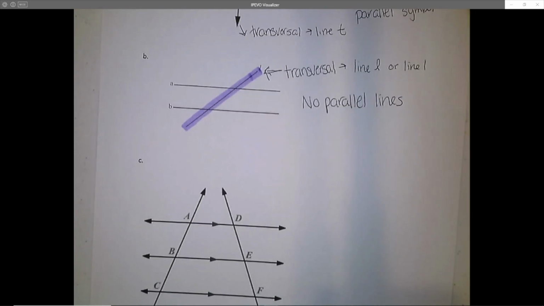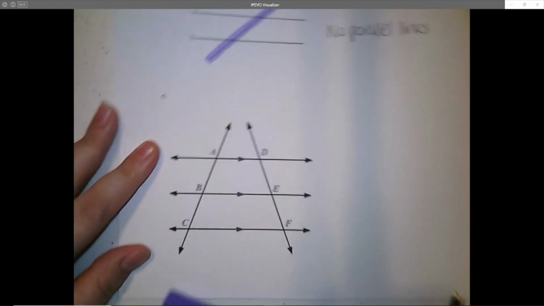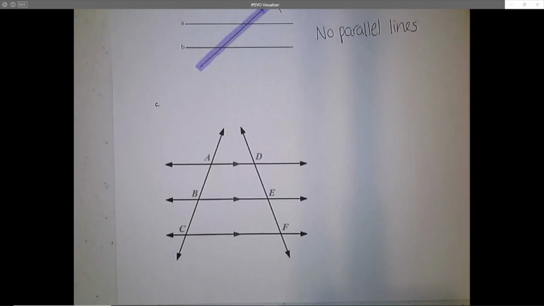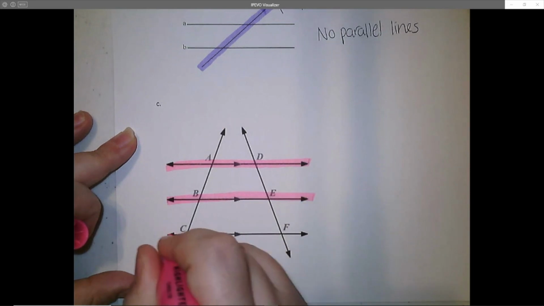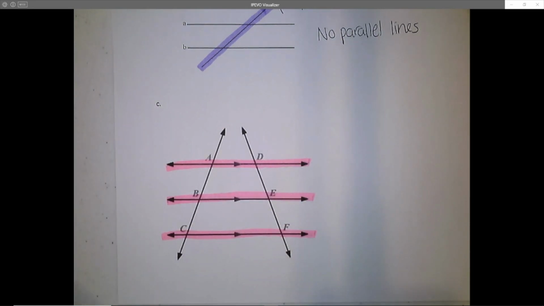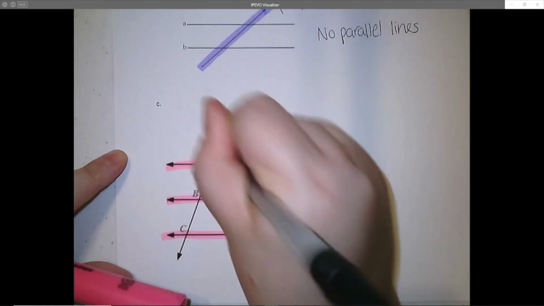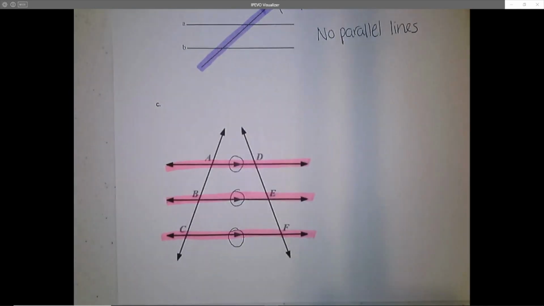Okay, going on here to C, the last one of this example. Do I have parallel lines? Yes, I actually have 3 parallel lines. My lines that go side to side, if I trace over them in pink, all are parallel because of these arrows. Sometimes your arrows are filled in to look like triangles. Sometimes they are not.